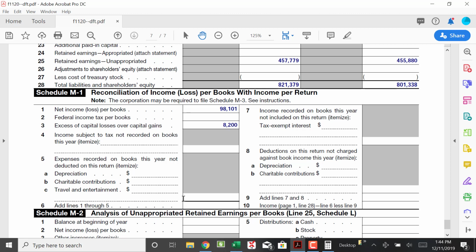The second one is meals, and so that would go in sort of the other line down here. We have 2 things here. We would attach a statement listing what our add backs were, and in this case I have meals as an add back and penalties.